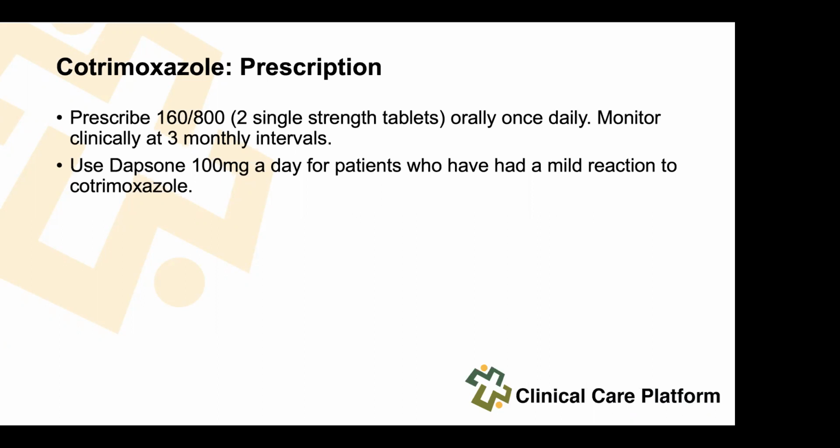If you say 2 tablets, it's an overdose of some sort. And if you say 1 tablet in the context of a 480 milligram tablet, it will be an underdose as well. So it's best to prescribe it at 960 milligrams daily, so that if you have the double strength tablet, your patient will take 1 tablet. And if you have the single strength tablet, your patient will take 2 tablets as needed.